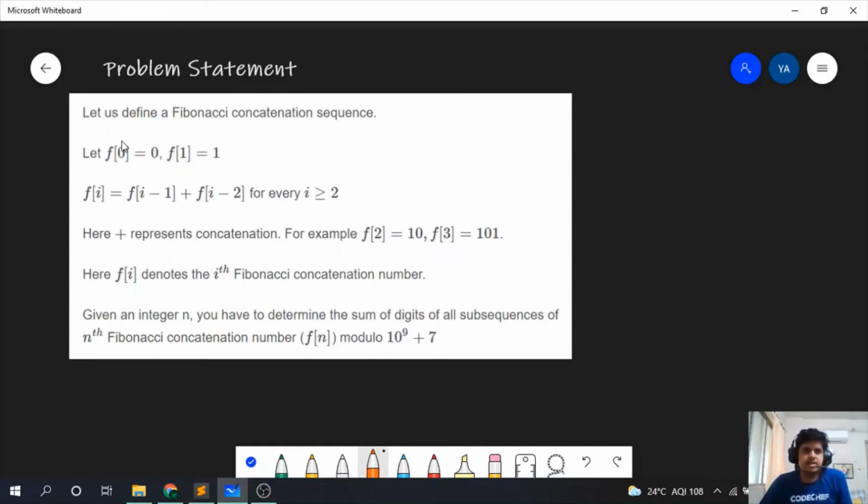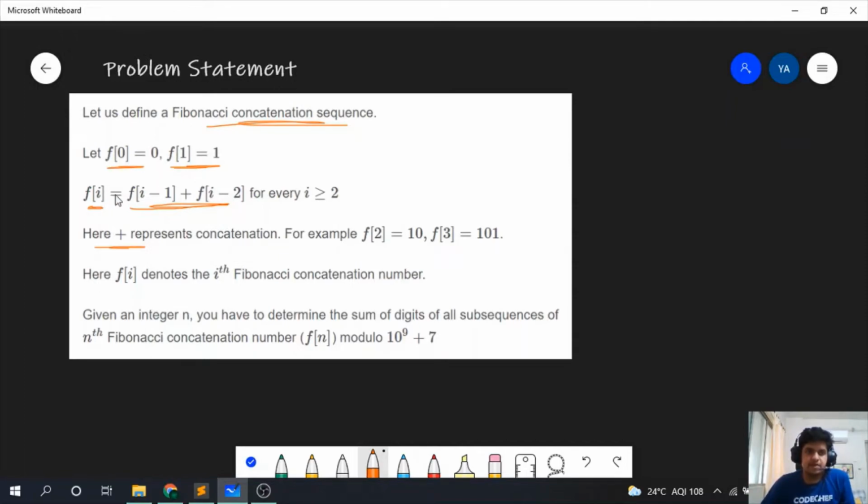So let's read the problem statement. It says, let us define a Fibonacci concatenation sequence. Let f of 0 equal 0 and f of 1 equal 1. Then we have f of i equal to f of i minus 1 plus f of i minus 2. So this is a standard Fibonacci sequence, but here the plus sign does not represent normal addition. It represents concatenation. So for example, f of 2 will be 1 0, since f of 1 was 1 and f of 0 was 0.